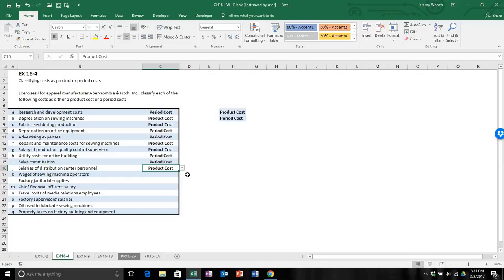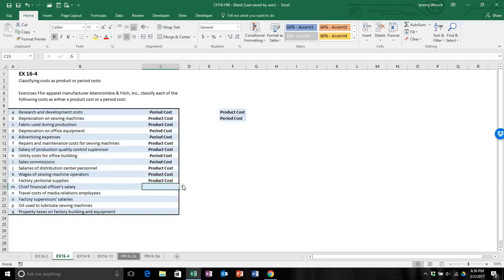And then K, we have wages of sewing machine operators. That's part of the manufacturing process. That's a product cost. Factory janitorial supplies. This is factory related, and so that's actually going to get lumped into the product cost. The CFO's salary.